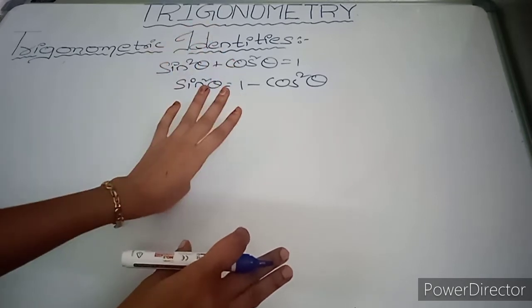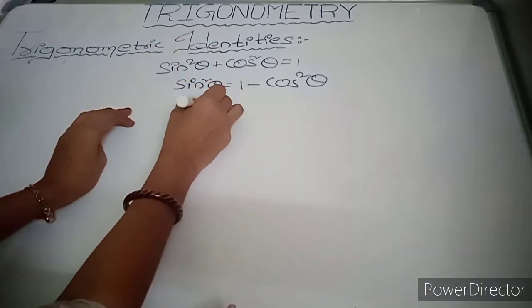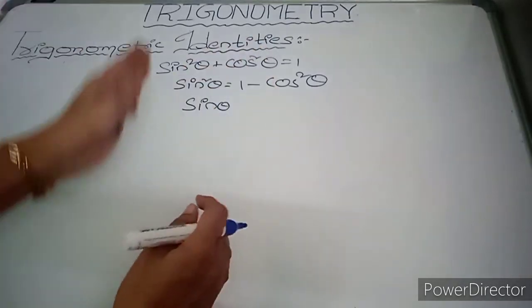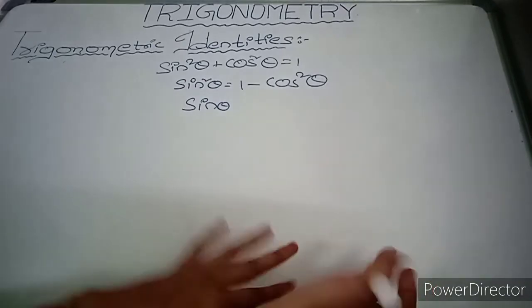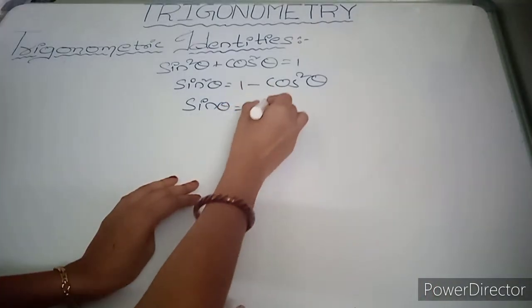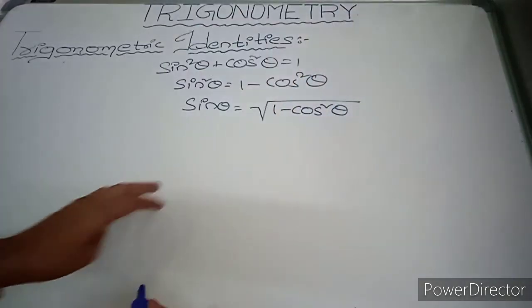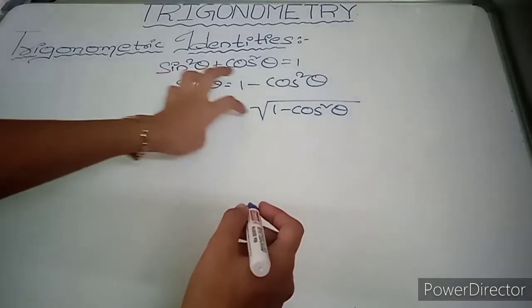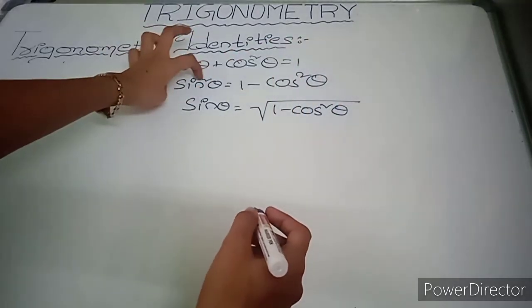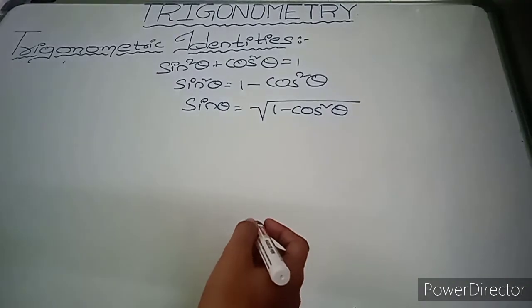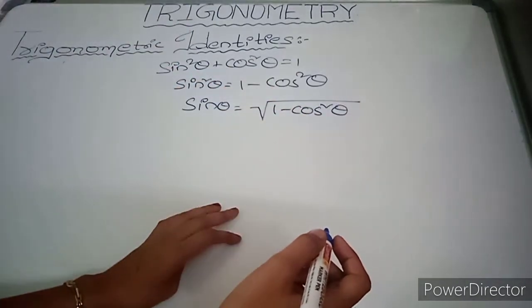Sine theta: if we remove the square from this side, what will be the result? Sine theta is equal to the square root of 1 minus cos square theta, because I have shifted the square to the right side, so the square becomes a square root.